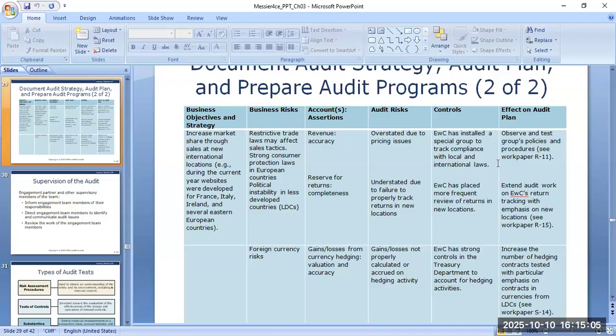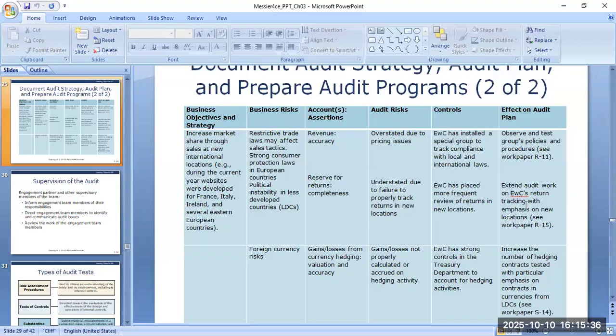How is this going to affect the audit now? We're going to observe and test the group of policies and procedures to make sure that these policies and procedures which are put in place actually address the pricing issue of overstated or understated pricing, which will be related to the accuracy of the revenue.